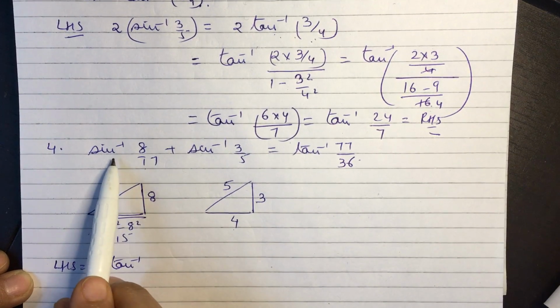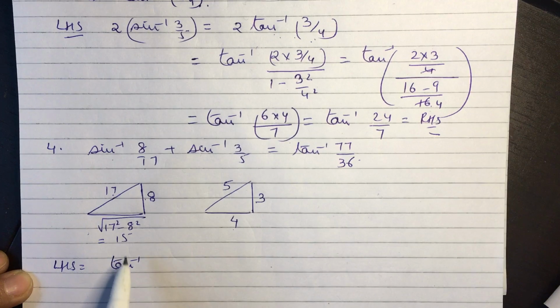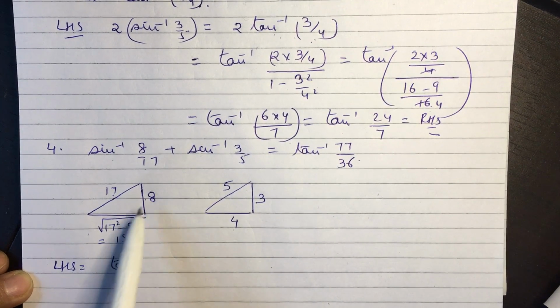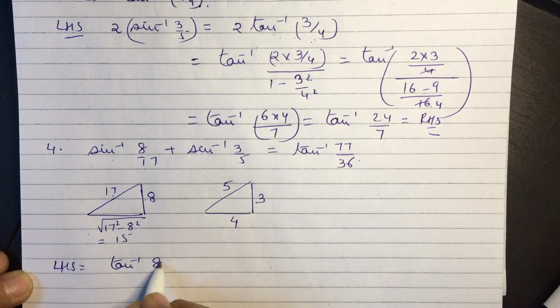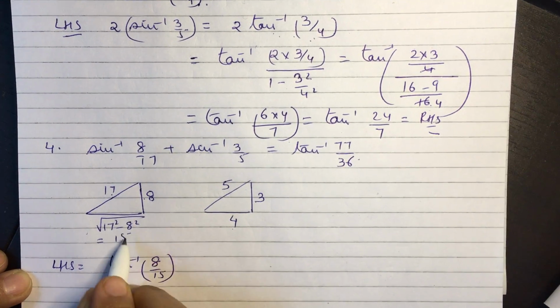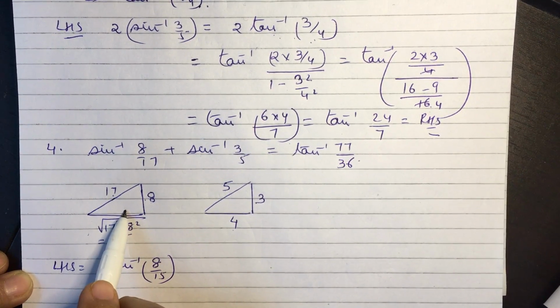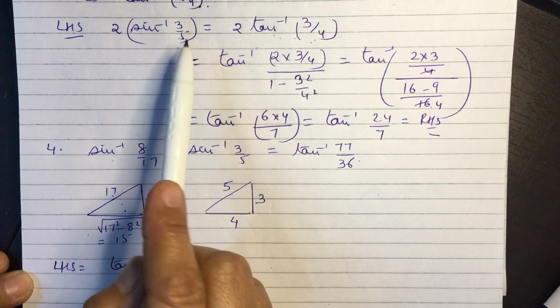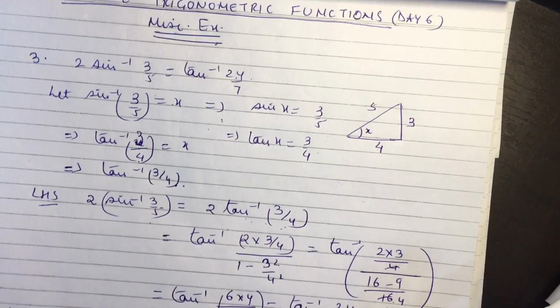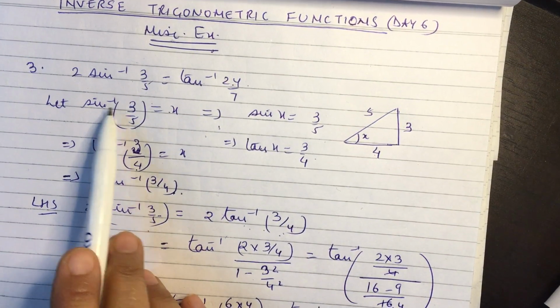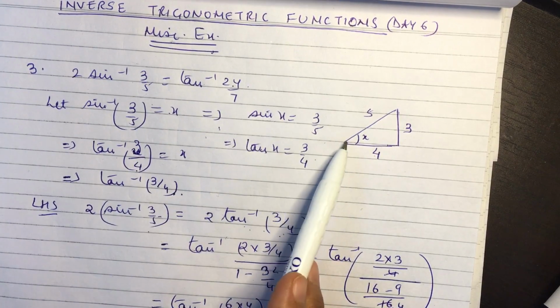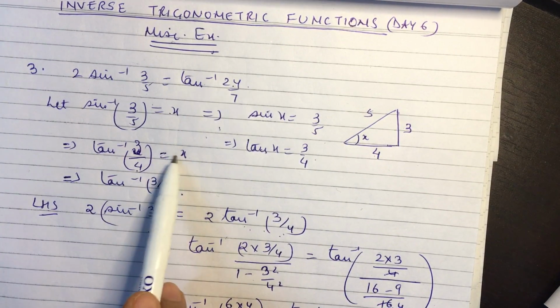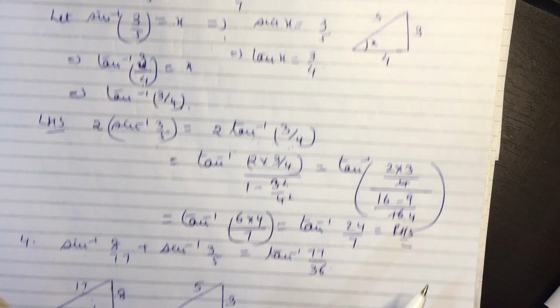So the left hand side, we have to write in terms of tan inverse. Sine inverse 8 upon 17 is equal to tan inverse 8 upon 15. If you can't do it directly like this, you can do it in the same manner as we did in the previous question, that we assume the sine inverse to be x and then equate it to x in terms of tan inverse and hence convert.